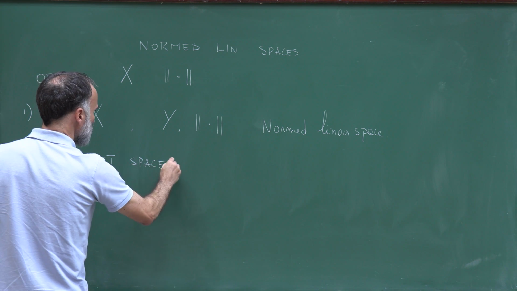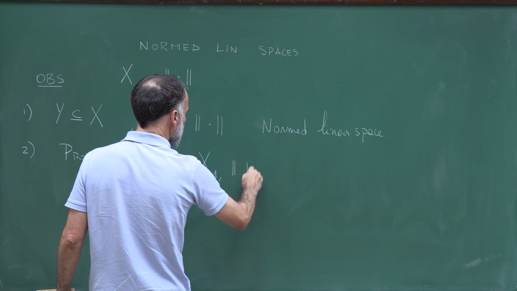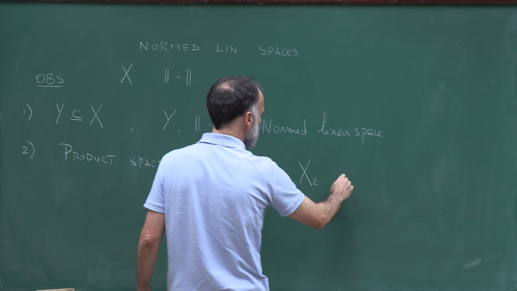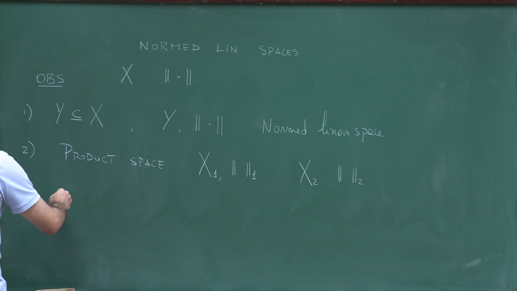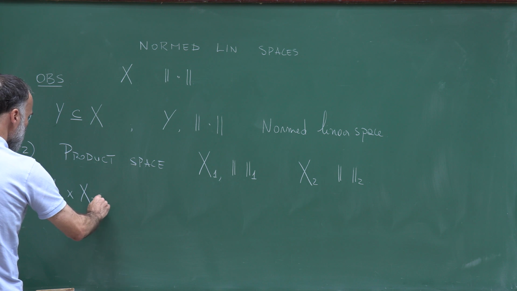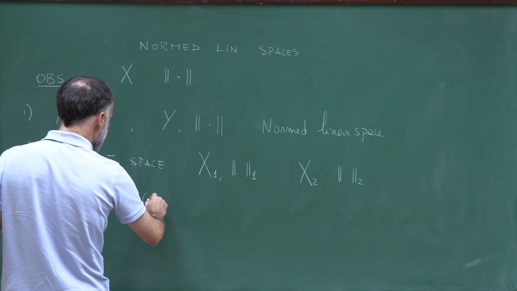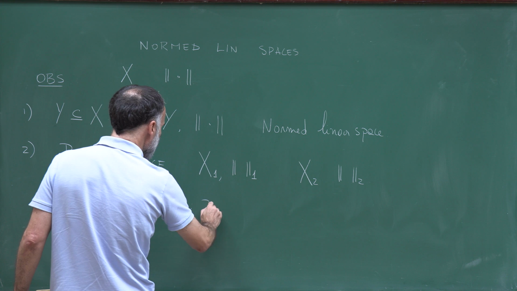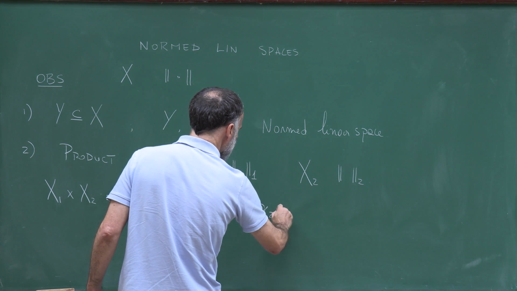A second example is the product space. So assume that you have a space X1 equipped with a norm 1 and a second space X2 equipped with a norm 2. Now I want to define a new space which is X1 times X2. This is the space of all pairs (x1, x2) in which x1 belongs to X1 and x2 belongs to X2.